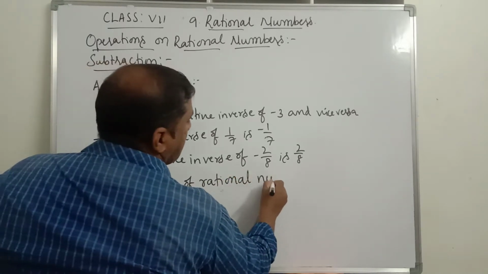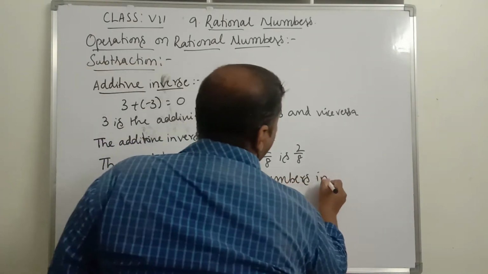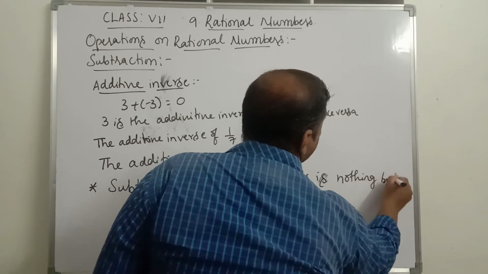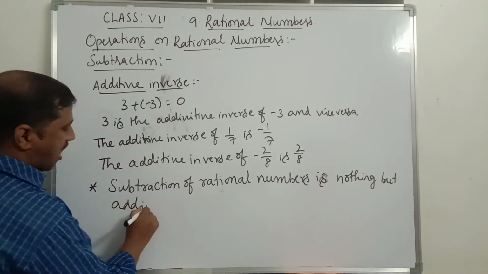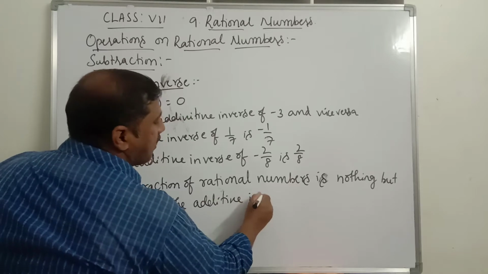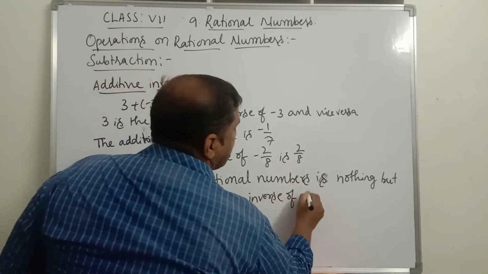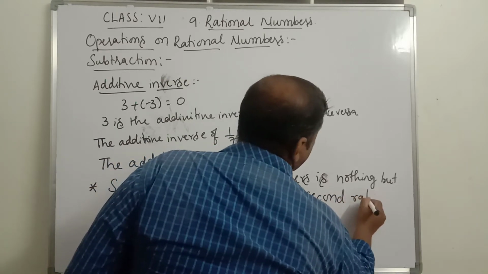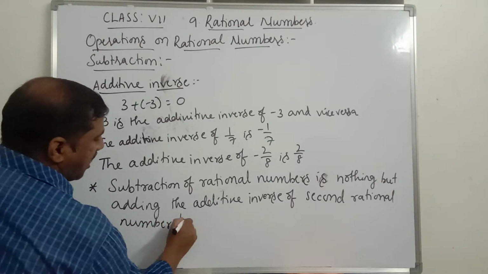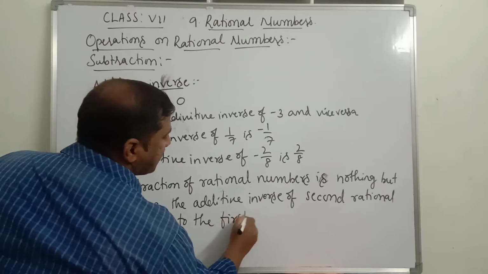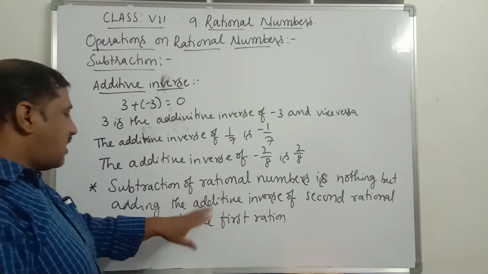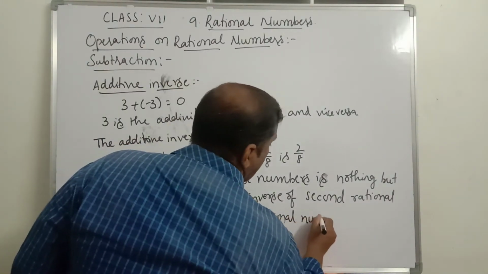Subtraction of rational numbers is nothing but adding the additive inverse of the second rational number to the first rational number, and then we will simplify.